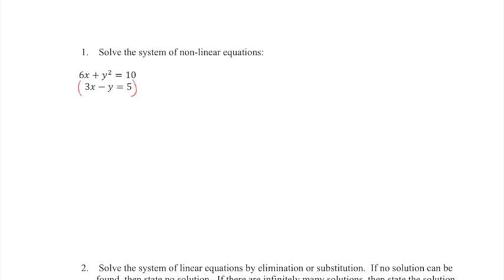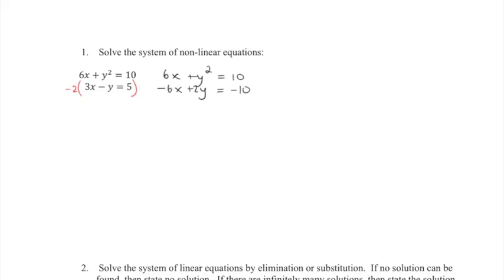So if I multiply this bottom equation by -2, then you can see we have opposite coefficients of x.